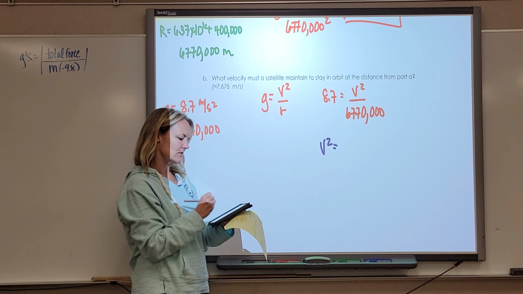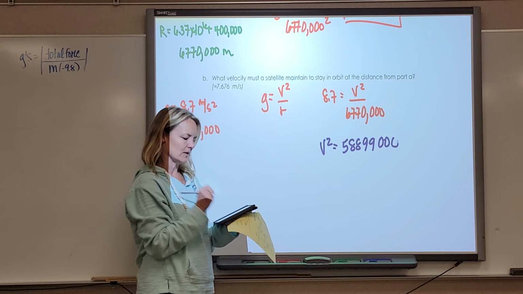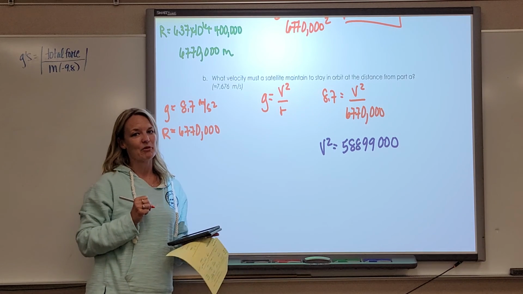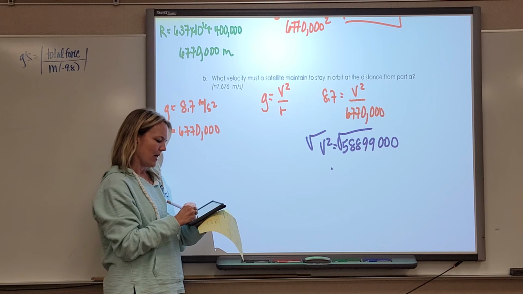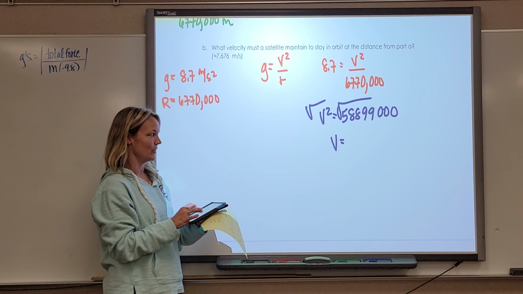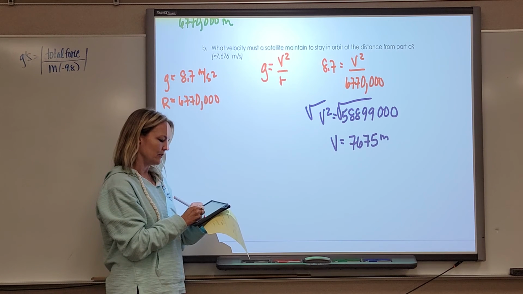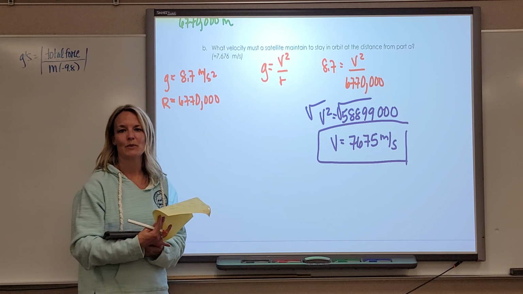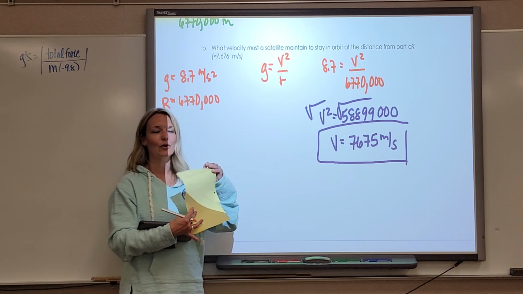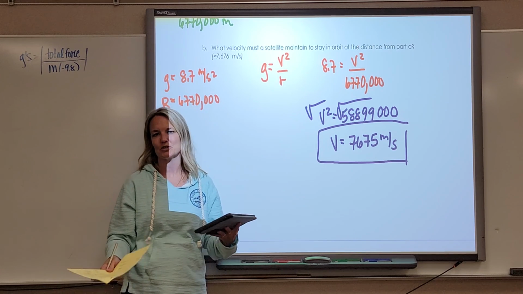That's not v, that's v squared. So my last step, I am going to square root that number, and I get 7675 meters per second. All right, that's just a quick review of what you can expect to see on your quiz tomorrow. So please let me know via text or in class if you have any questions. Thank you.